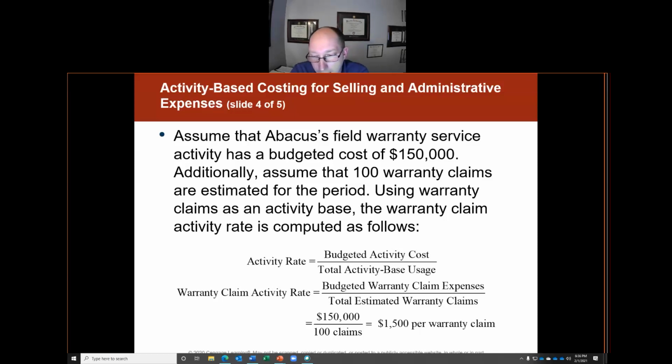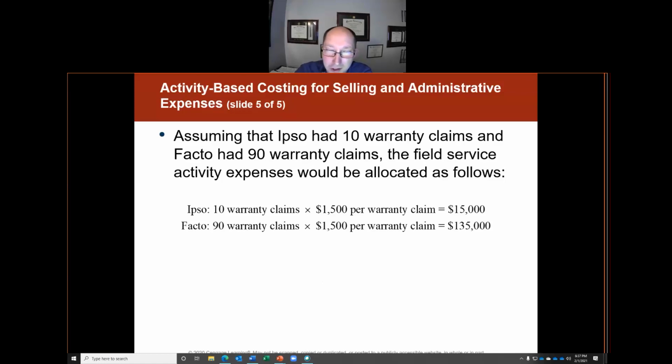It's the same exact concept that we use to apply activity-based costing to the activities in the manufacturing process. The only difference now is we're applying it to selling and administrative expenses. It's the same exact formula, same exact concept. Really, you could do this to a lot of different things, but I don't want to get too much into the weeds.